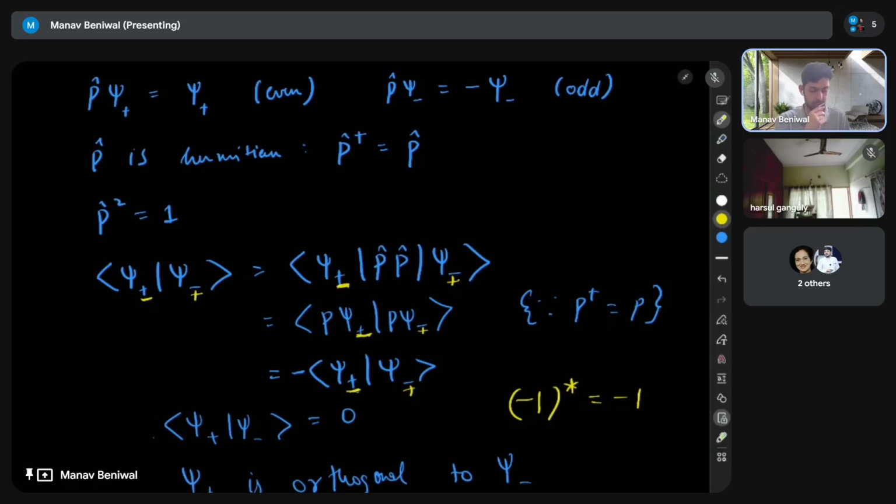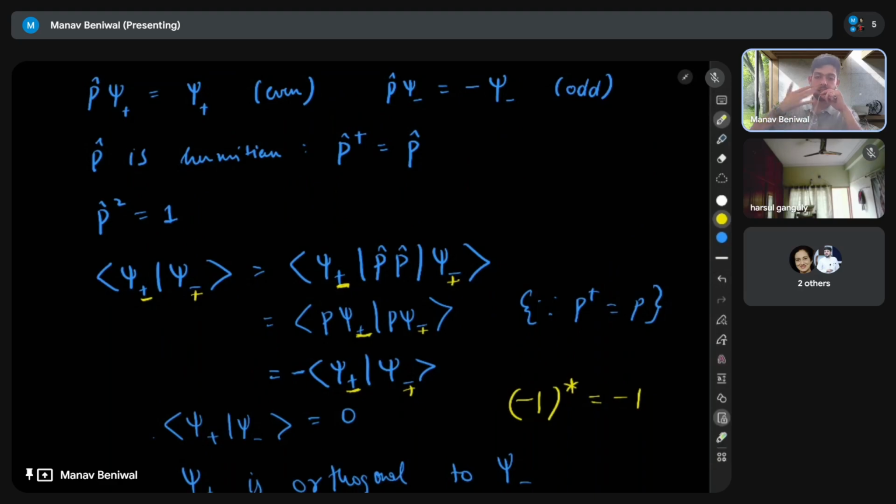We only take the complex conjugate when we take psi minus from bra space to ket space, right? Here it remains in the bra space itself. If instead of writing bra psi minus I wanted to write a ket psi minus, then I would take the complex conjugate, and then this star will come.